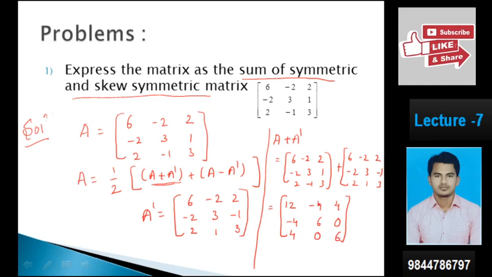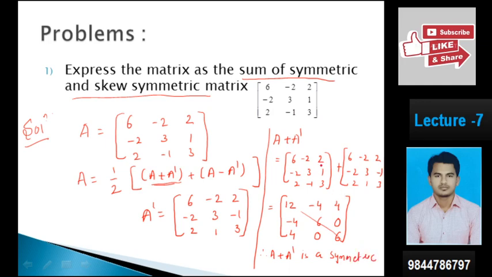See here, I told you what the condition of symmetric is. This is my principal diagonal elements, so the overlapping elements will be the same with sign also. Therefore, A plus A dash is a symmetric matrix.